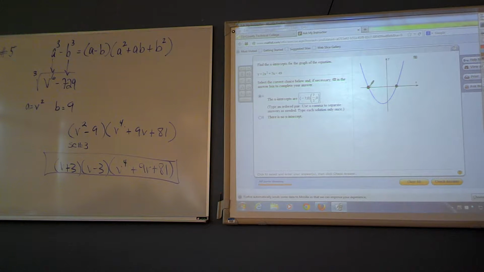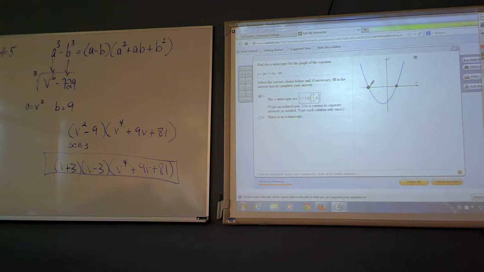Completing the square will give you the x-intercepts on any problem. Factoring is only restricted to the factorable problems. So really, the best way to learn it is completing the square, period. But teachers don't teach it because half of them don't know how to do it.